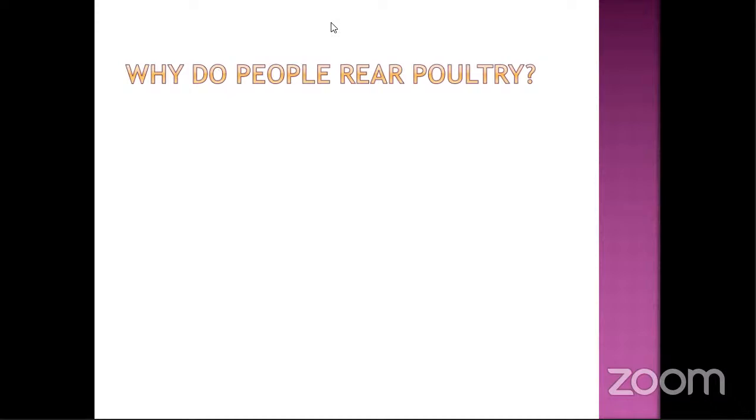So in your examination, if they ask you to give the reasons why people keep poultry, you can either say to get income or you say to sell and get money. All these are correct. But you don't write both.